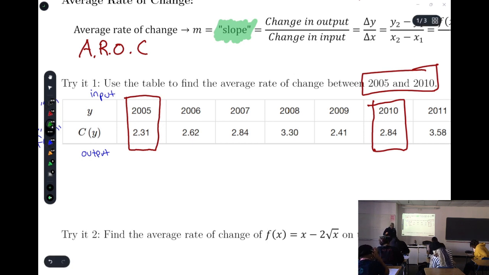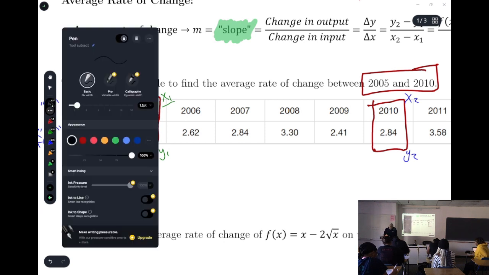So let's label these things. We've got X1 up top, which means right below it we probably have Y1. And we've got X2, which means right below it we've got Y2. And which formula looks like we can plug all that into? I think so.